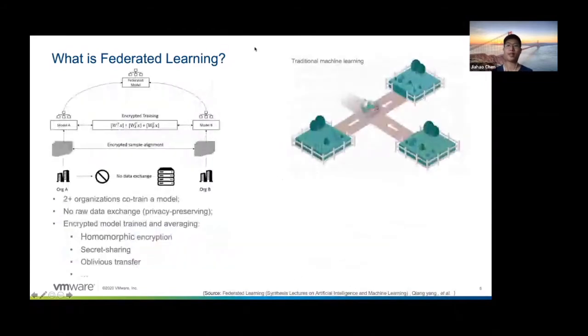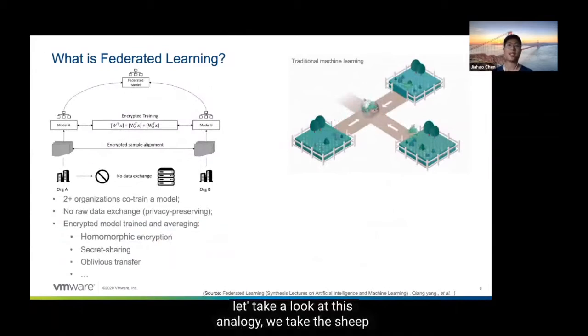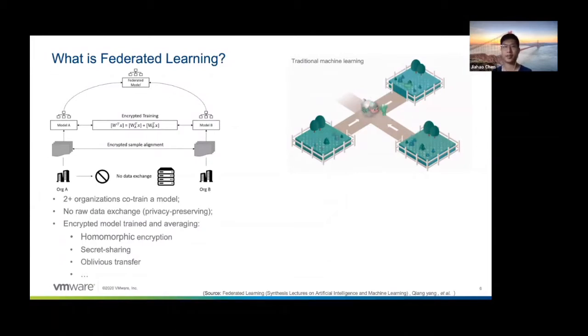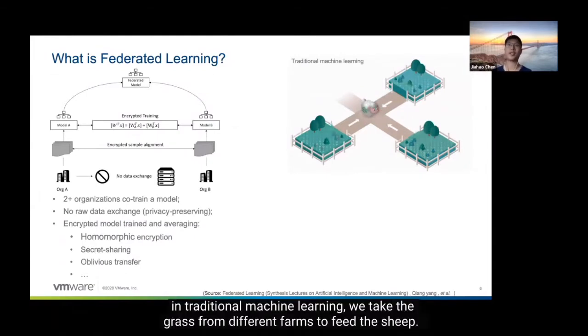So as for federated learning, let's take a look at this analogy. We take the sheep as the machine learning model, and the grass is the data from different organizations. In traditional machine learning, we take the grasses from different farms to feed the sheep.